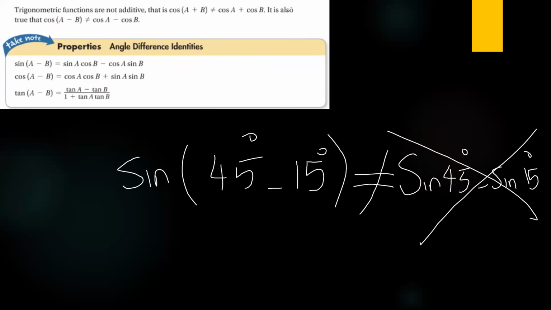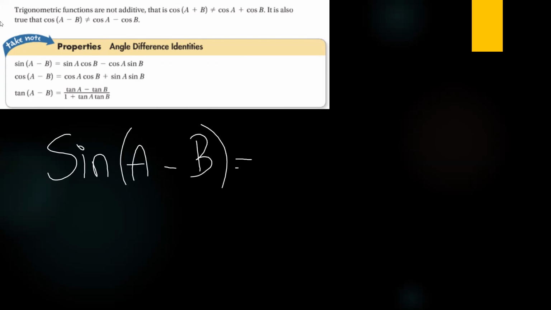Let's see now the identities for the sine of an angle difference, the cosine of an angle difference, and the tan of an angle difference. Let's start with the first one. If you have two angles that are subtracted, sine of A minus B: you start with sine of A and end with sine of B. Since we have a minus sign, we keep the minus sign between them.